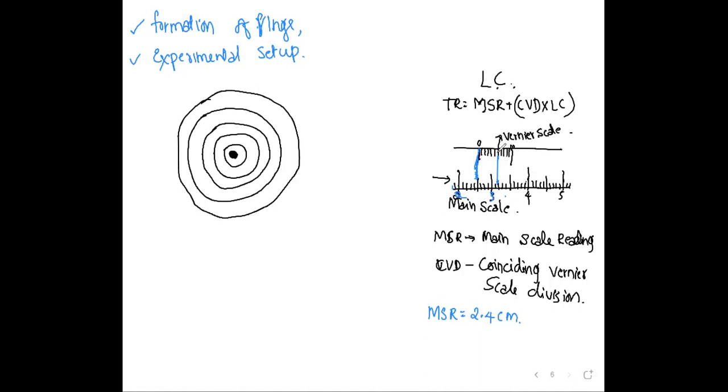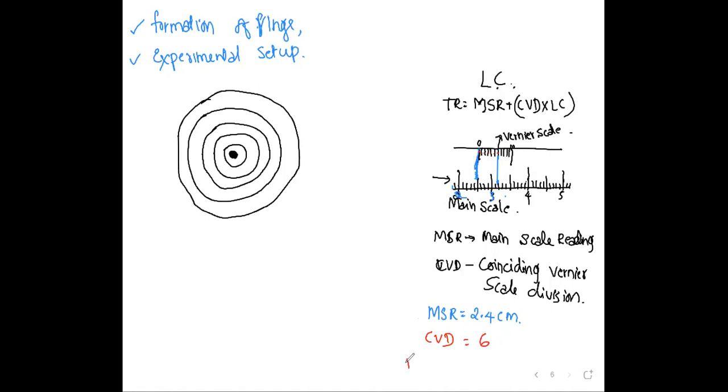Let us consider this line coincides. Let me draw a straight line over here. Look here, this line is coinciding with one of the main scale divisions. Only one line will coincide. The number of that coinciding line we have to calculate. This is 0, then 1, 2, 3, 4, 5, 6. So the sixth line is coinciding. Therefore CVD is 6 here. There is no unit.